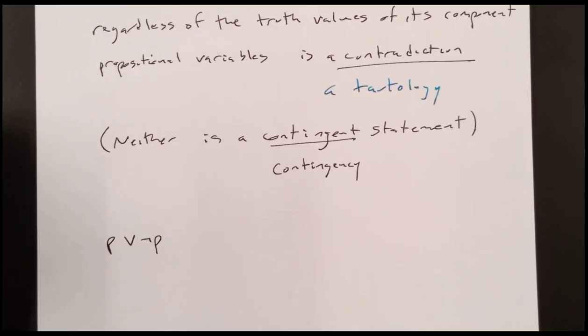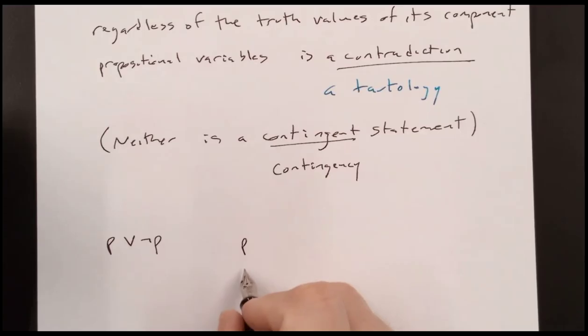Regardless of whether or not P is true or false, what happens here? Well, yes, but then I do the or, so what happens? I'm going to get true out of this.